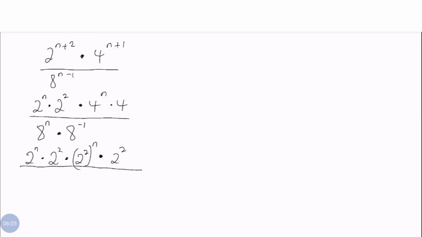Now we want to make 8 to the base of 2. 8 as base 2 is 2 to the power 3. So 2 to the power 3 is 8. And all this is to the power n. And all this is multiplied by, here we have 8 as well. We want to make it base 2. 2 to the power 3. All this is to the power what? Negative 1.